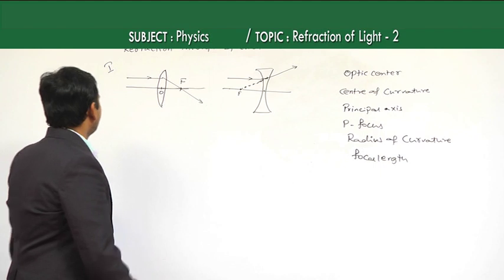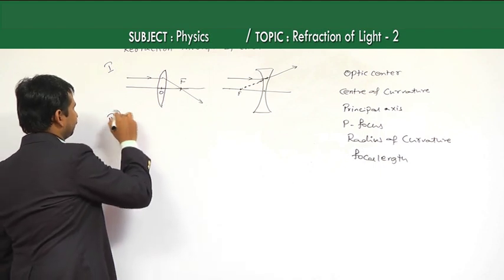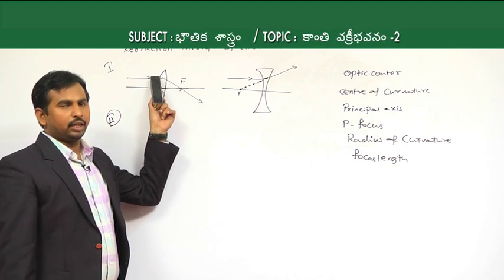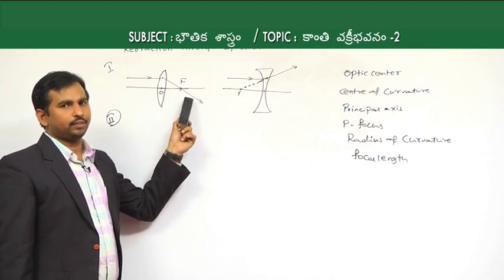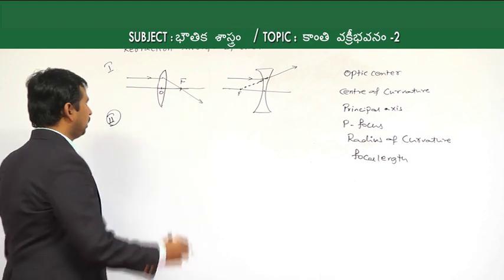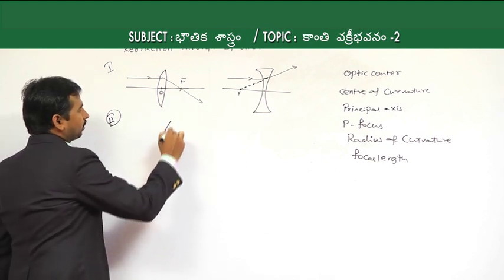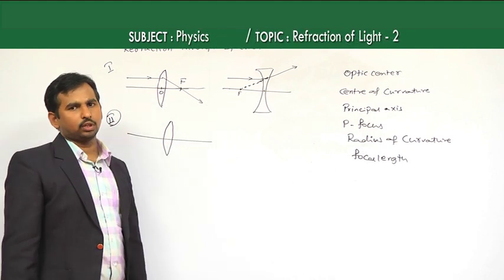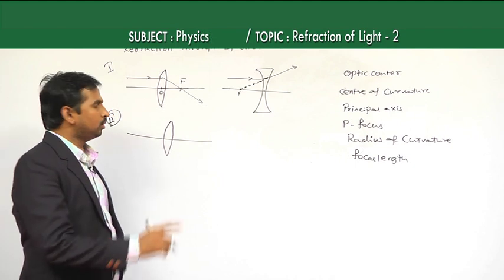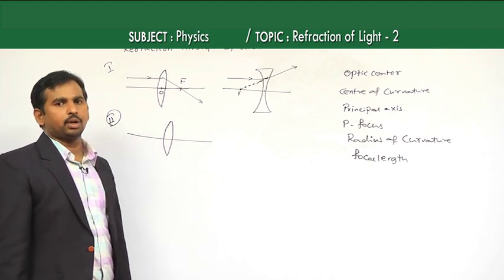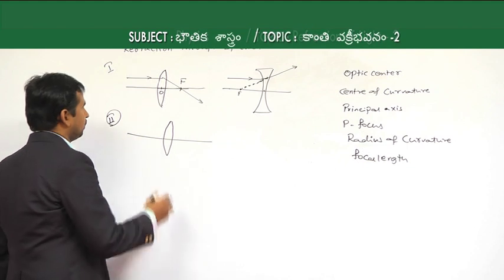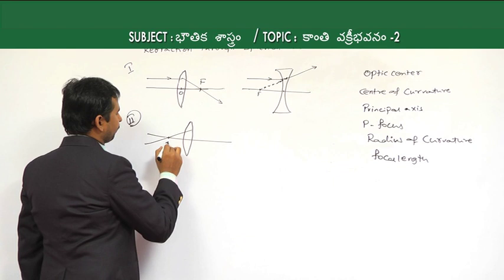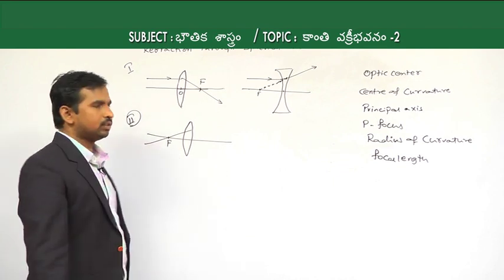Now, according to rule 2, here we take the light ray going parallel and passing through the principal focus after refraction. Now, we take the light ray which passes through the focus, and after refraction, the light ray passes parallel to the principal axis, for example like this. This is the focus.